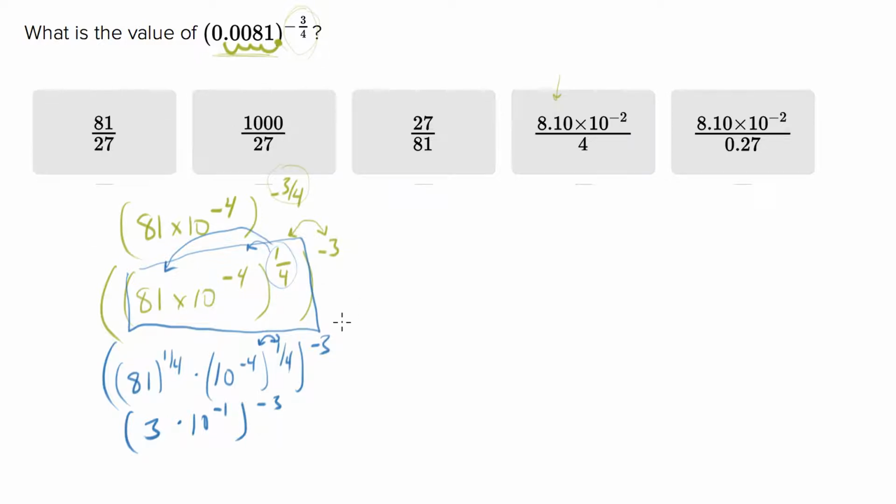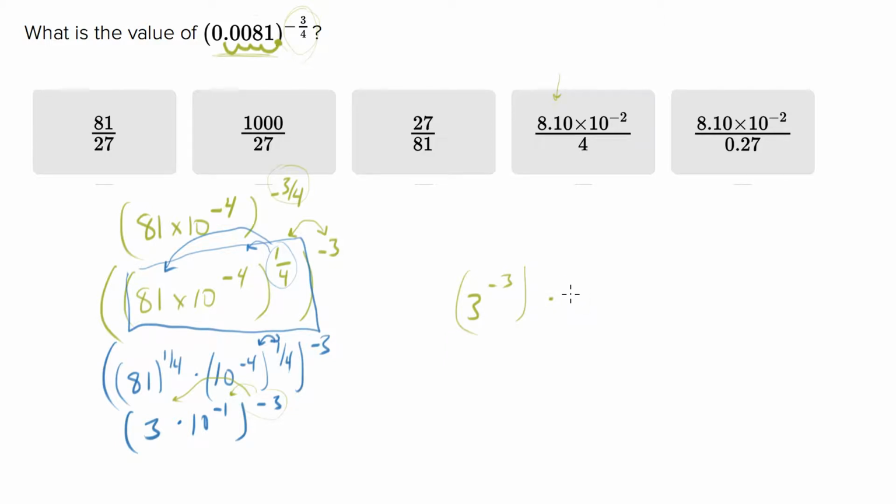There are several ways you could attack this. I'm going to distribute this exponent first. So let's call this 3 to the -3 times 10 to the -1 to the -3.